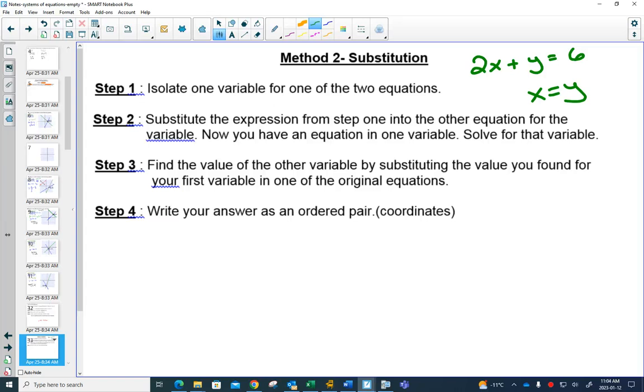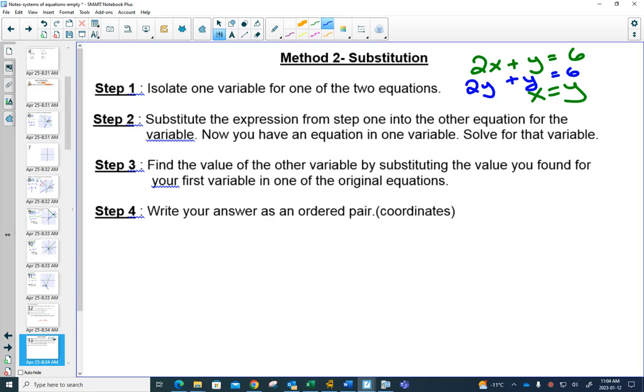However, what could I substitute in the first equation? I'm going to rewrite the first equation, but instead of writing x, what could I write instead? Y, because they're equal. So I did a substitution, and I substituted the y for the x because I was told they were equal.